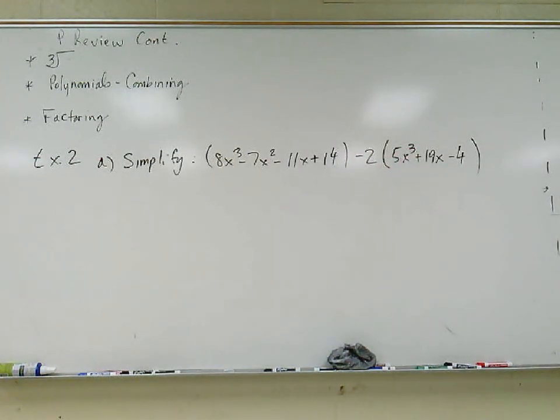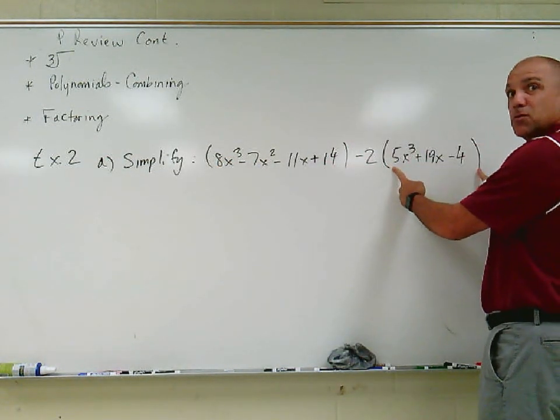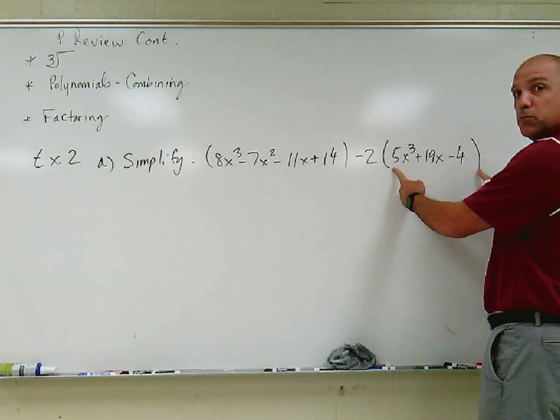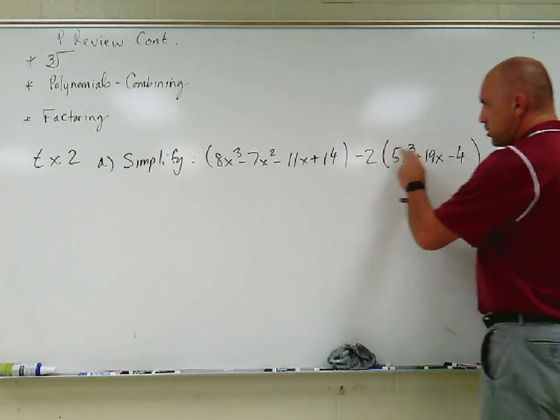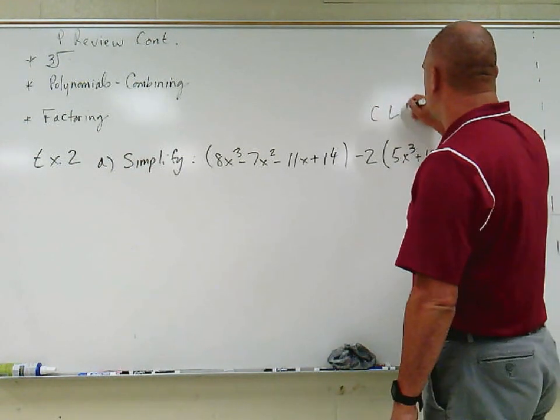Okay. What would you do? How would you simplify that? Distribute. Yeah, so we talked about yesterday working inside out. There's nothing you can do in each of the parentheses because there's nothing you can combine. They're all different terms. However, here you could distribute the -2. And after you distribute, what's that sandwich I like to eat? Chicken, lettuce, tomato? What's that stand for? Combine like terms. So yeah, that's all you're going to do.